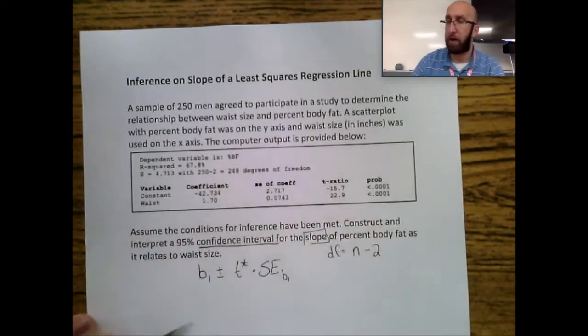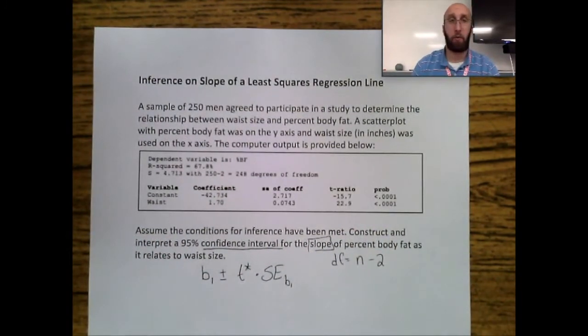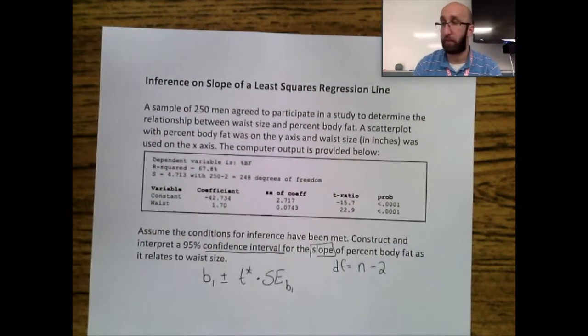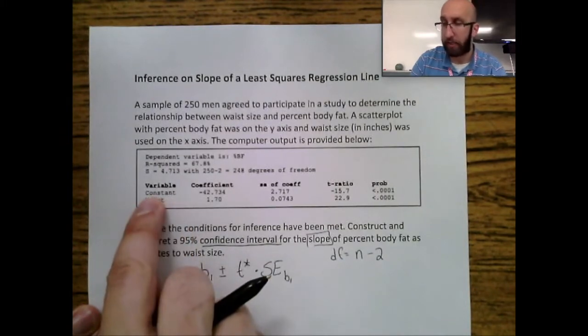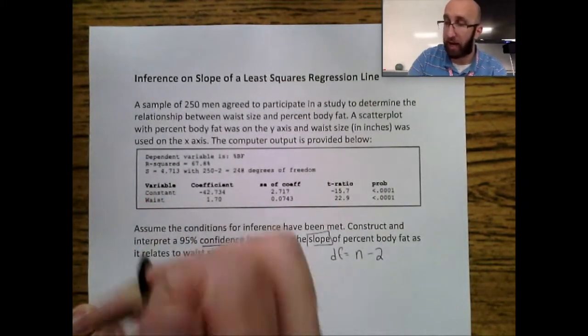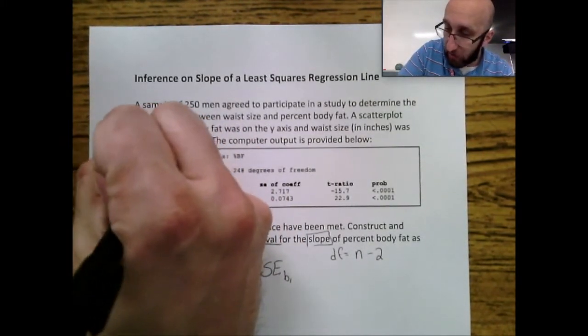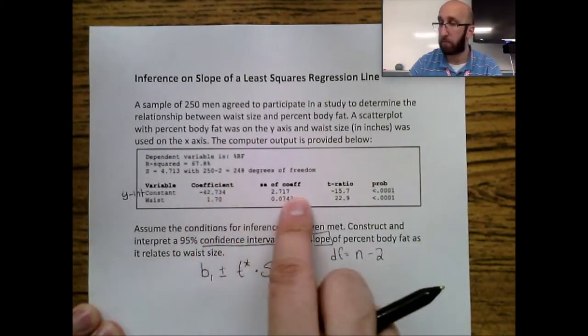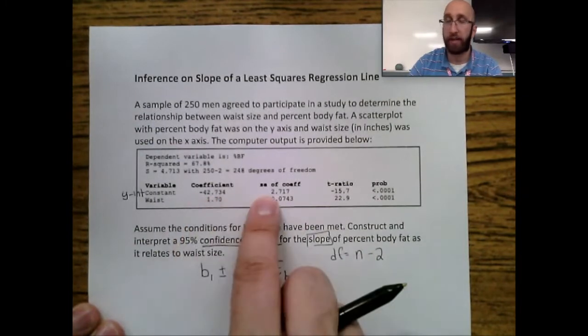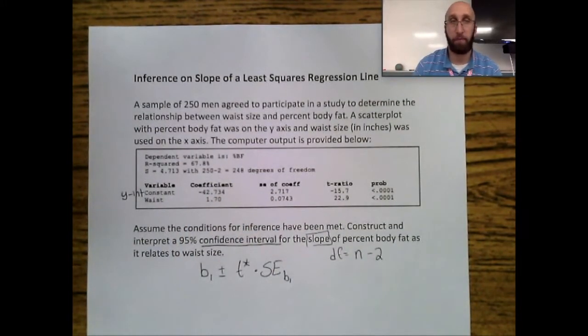When you look at your output, we need to know which numbers represent the slope and which represent the y-intercept. The row labeled constant is the y-intercept row, so all these numbers up here are about the y-intercept. That's not what we're focusing on.